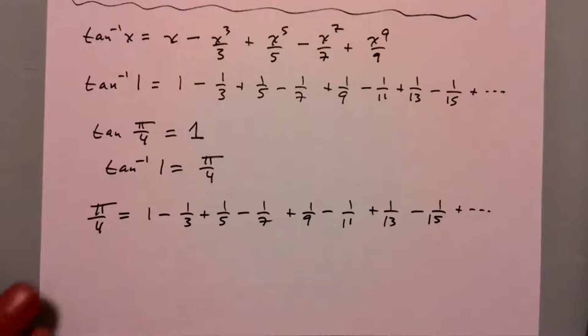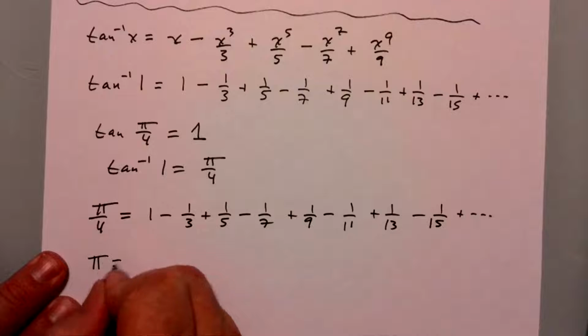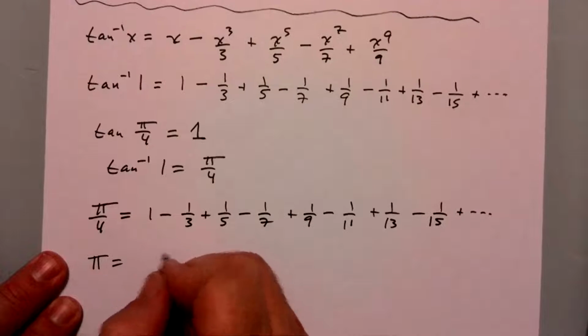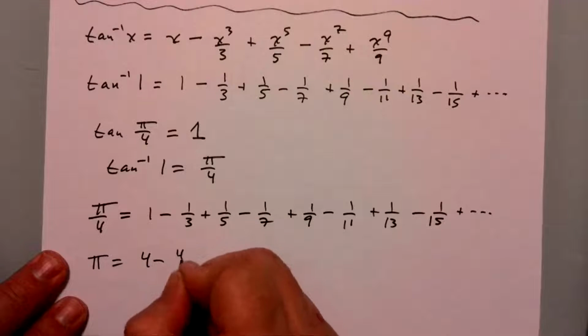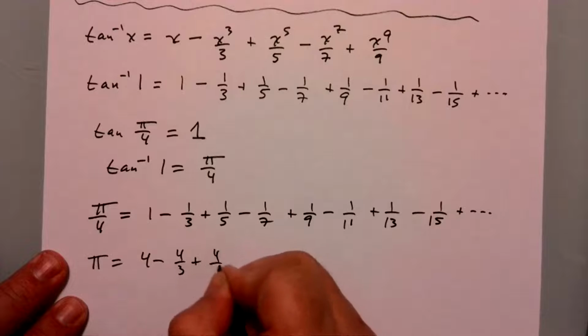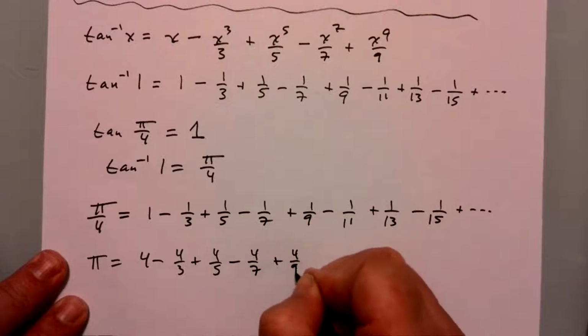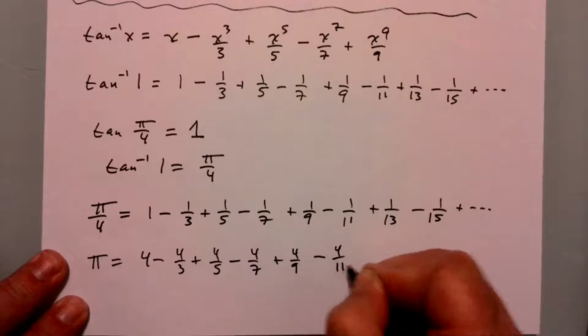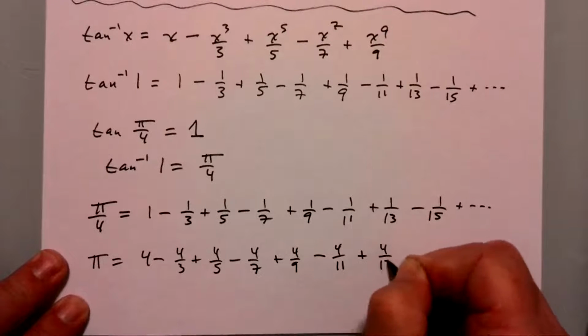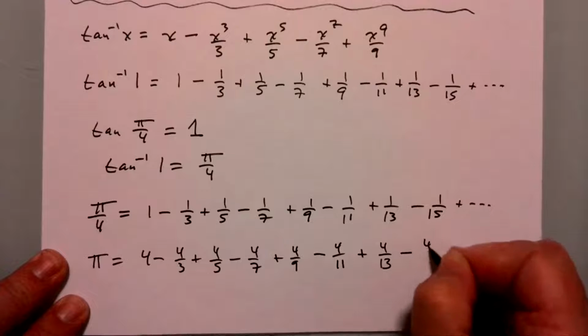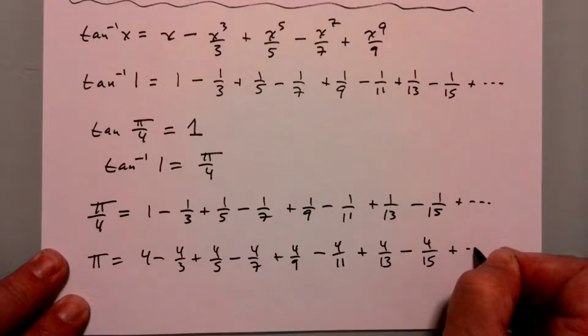But multiplying both sides by 4, what do we get? Pi is 4 minus 4 thirds plus 4 fifths minus 4 sevenths plus 4 ninths minus 4 elevenths plus 4 thirteenths minus 4 fifteenths plus dot, dot, dot.